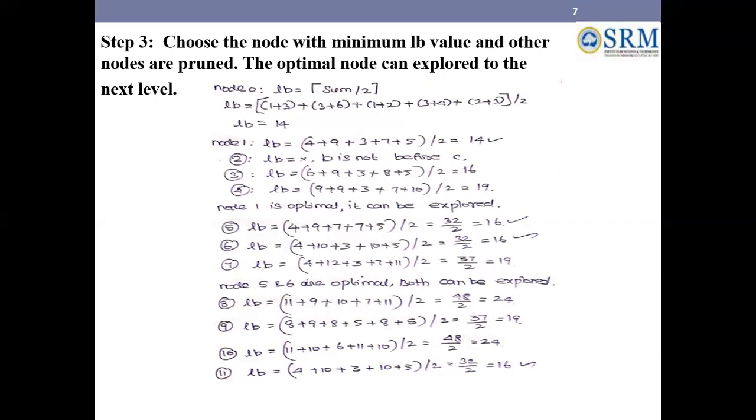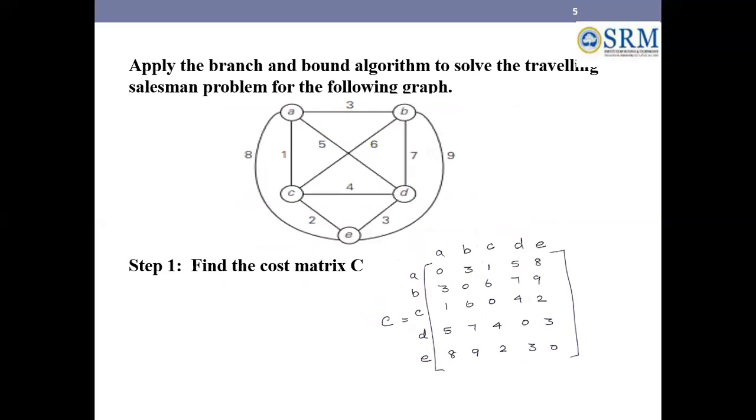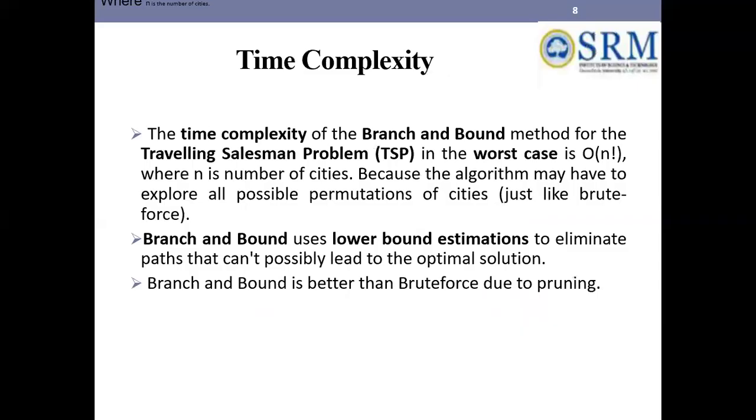LB is, for example, take the city A, node 0. LB is equal to, for node A, what is the value? So we have to take minimum the first row, take minimum first two values. So leave 0, 1 and 3 is minimum. So 1 plus 3.